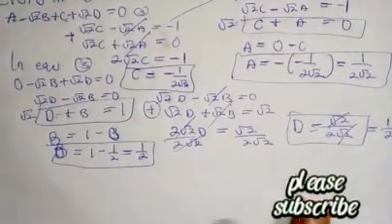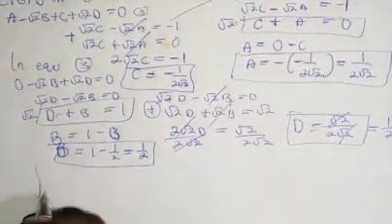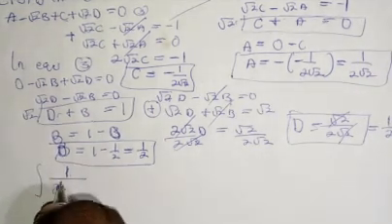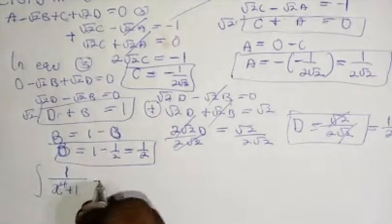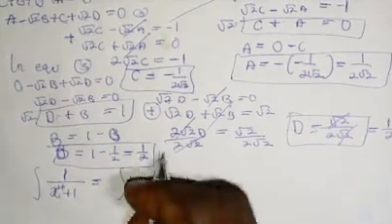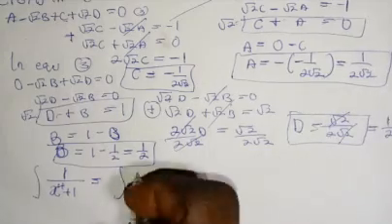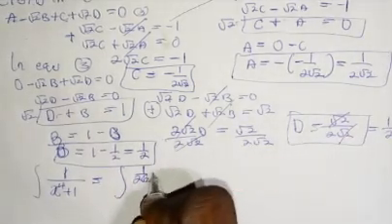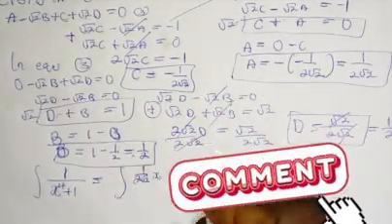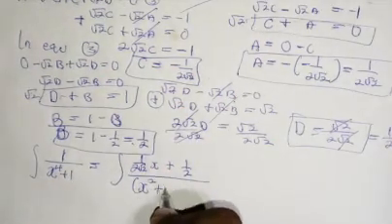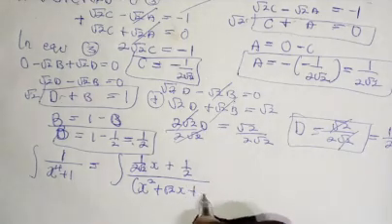Let's now substitute. We said the integral of 1 over x to the power of 4 plus 1 is equal to the integral of, we said ax plus b. So where is our a? We have 1 over 2 root 2 x plus b. Where is b? b is 1 over 2. All divided by the bracket x squared plus root 2x plus 1.